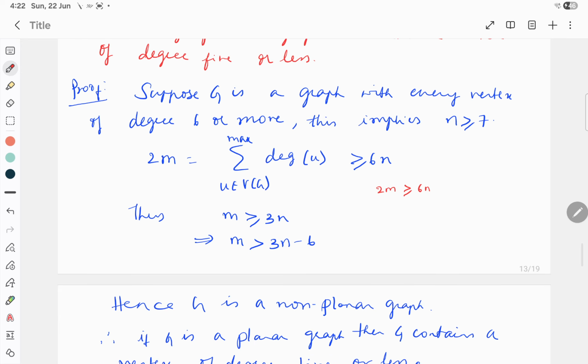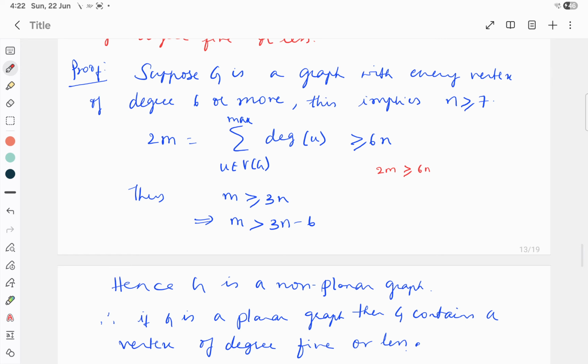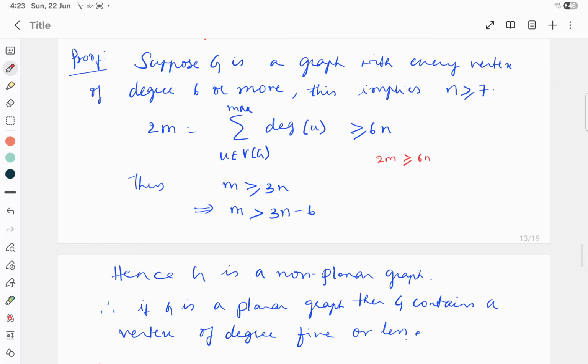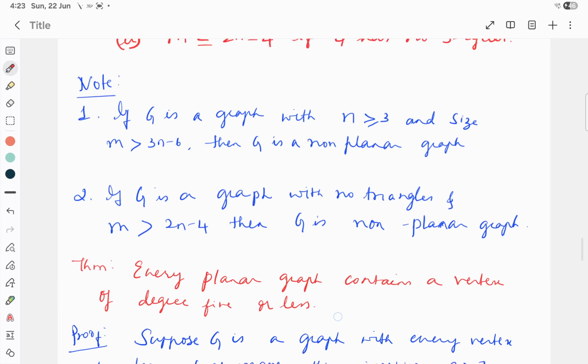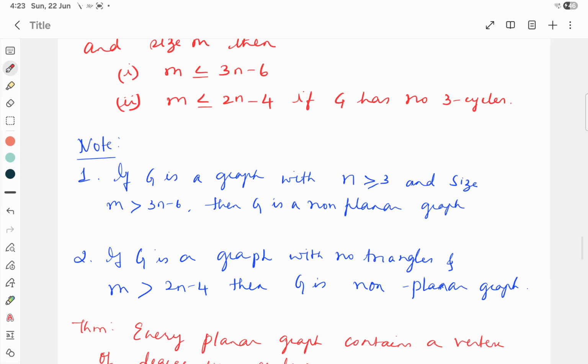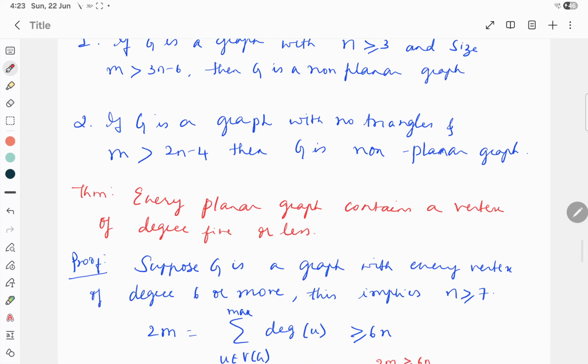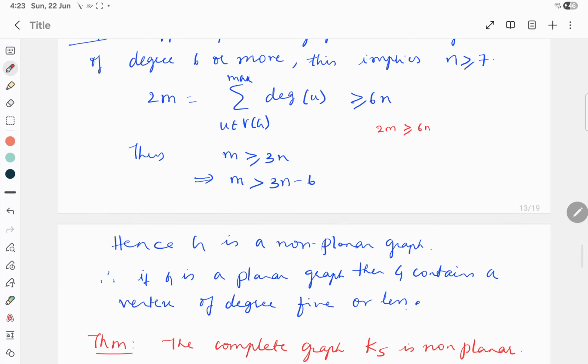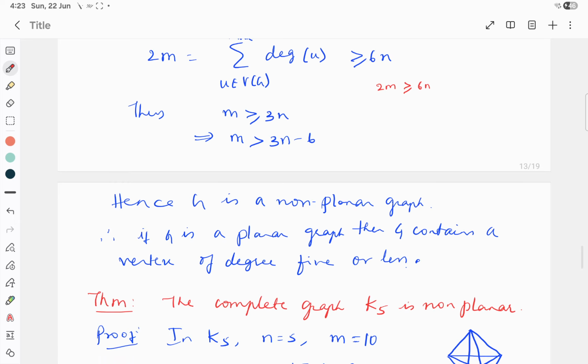Hence G is a non-planar graph, because we have seen the condition for a non-planar graph, that is, if m is greater than 3n minus 6, then G is non-planar. Therefore, if G is a planar graph, then G contains a vertex of degree 5 or less.